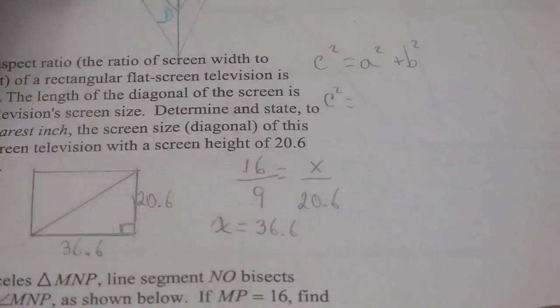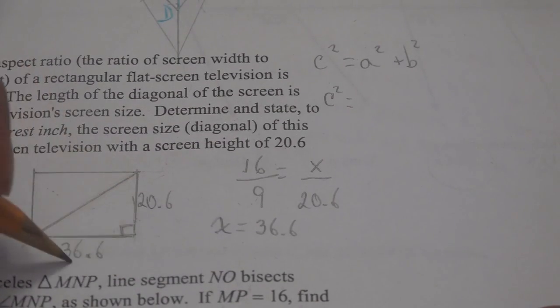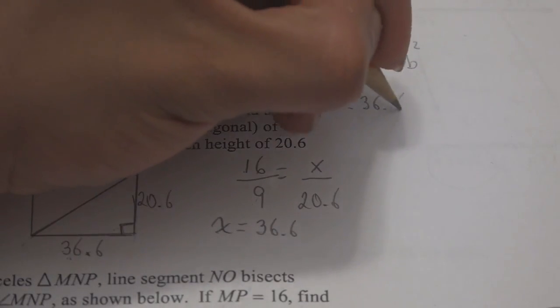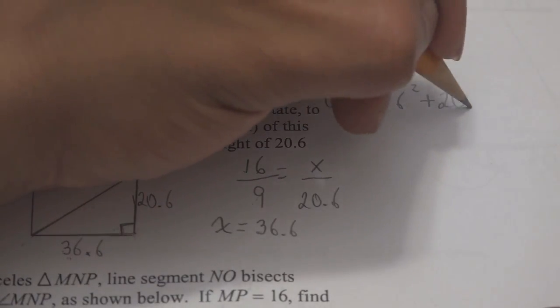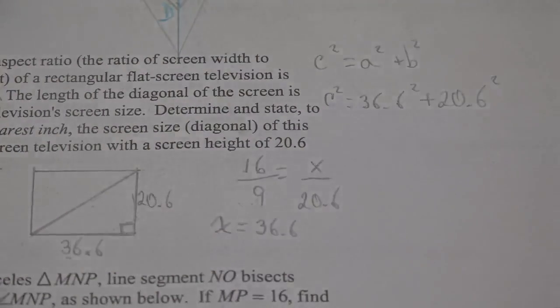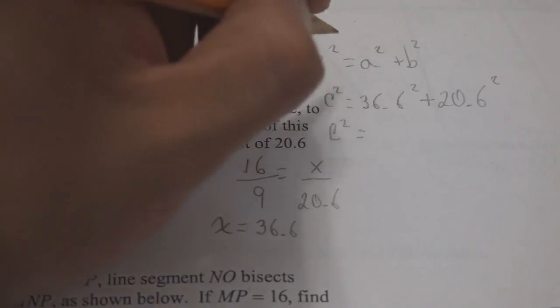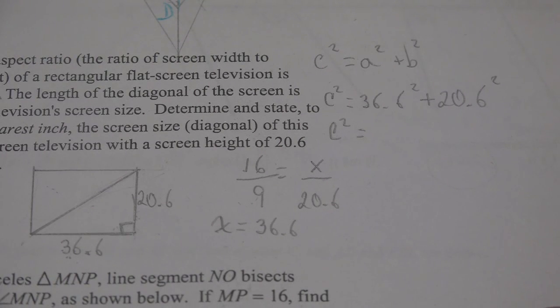Now these are the legs, which could be a or b, it really doesn't matter. So c squared equals 36.6 squared plus 20.6 squared. Now I add them up and get c squared equals, and what would that be? I don't know. Let's figure it out. So let's see now.